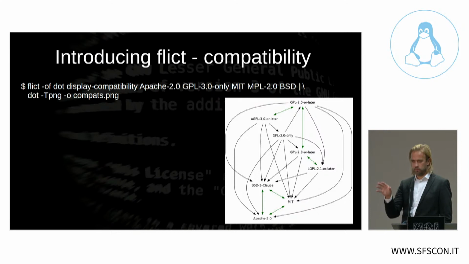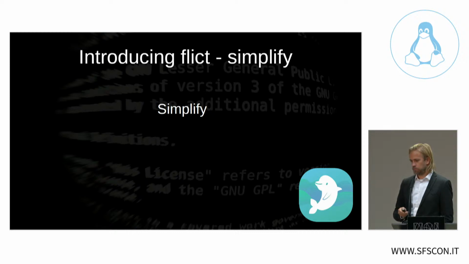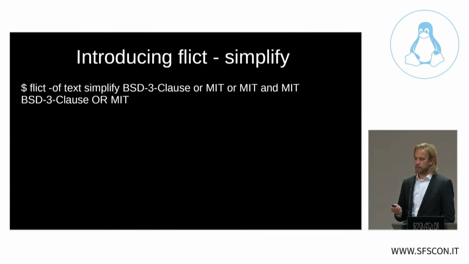I want to have a look at the licenses for this project and have a map of the compatibility between them. Then I can issue a command like display compatibility with the output format dot, and from there we generate this one. I find this useful. It's probably in the lawyers' heads, but I need a bit of help with that.